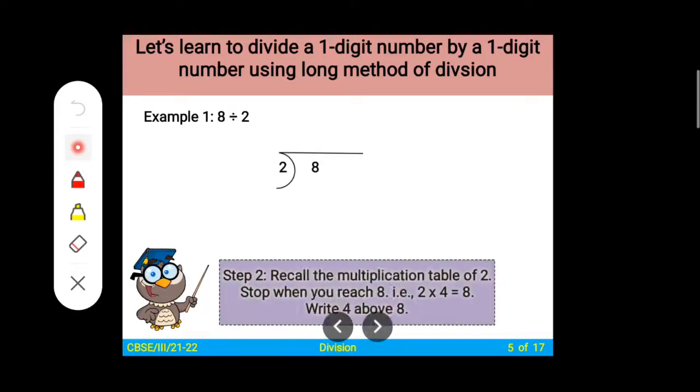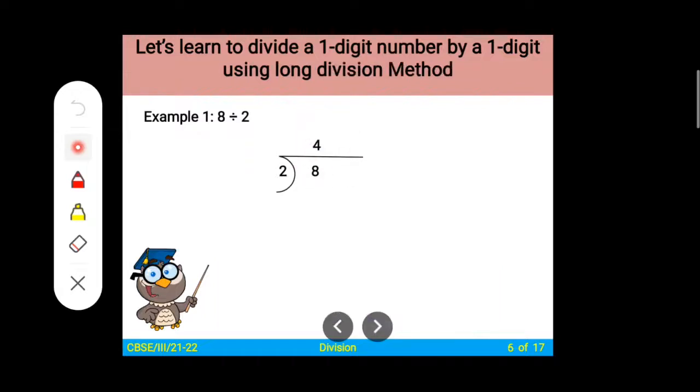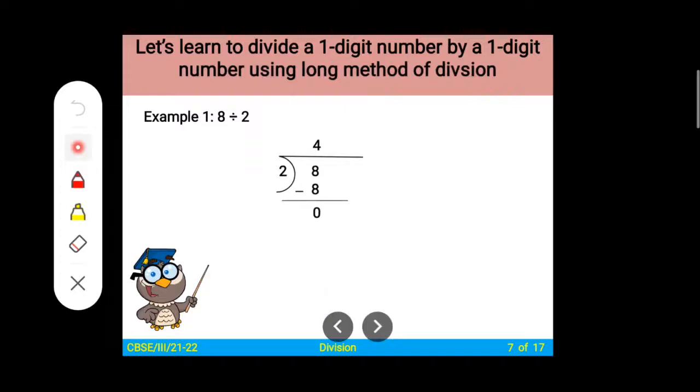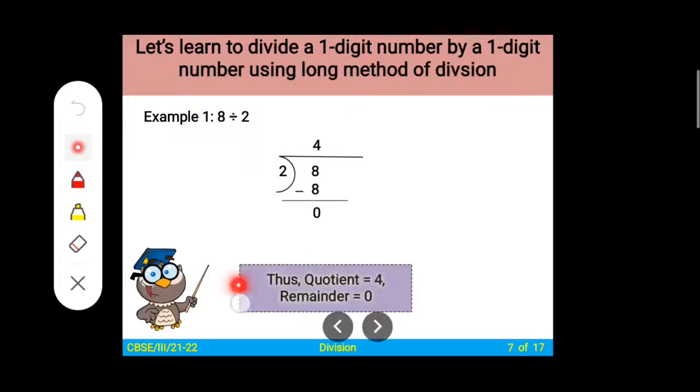So from that you know that 2 fours are 8. In the quotient you write down 4, and below the 8, below the dividend, you write down the 8 and subtract it. 8 minus 8 is 0. This is how you get your answer. The quotient equals 4. I will show you what the remainder is after this example.